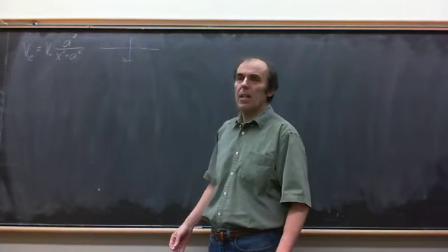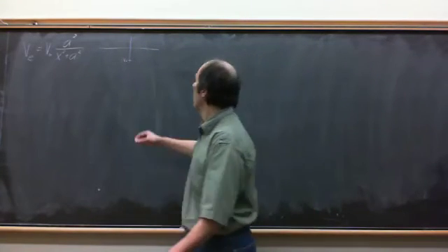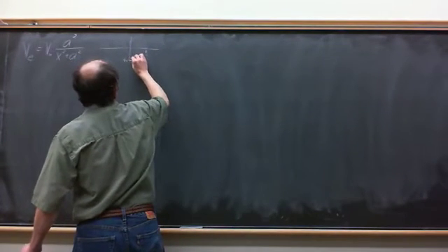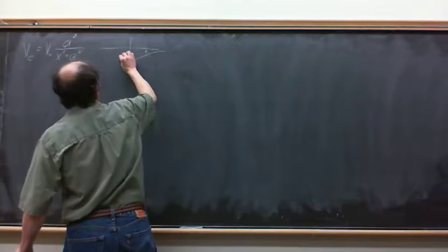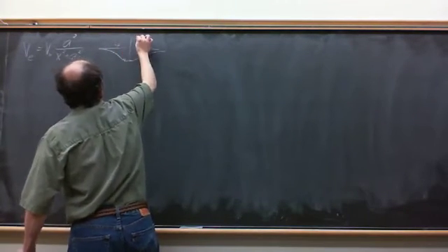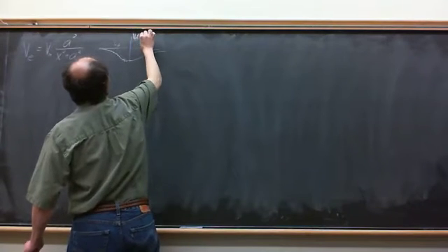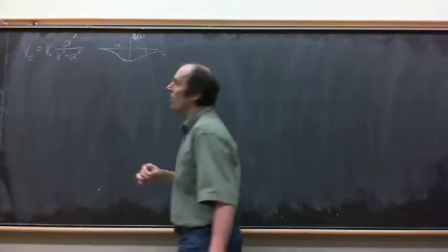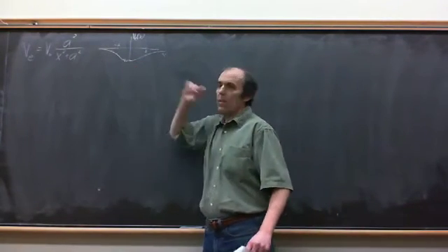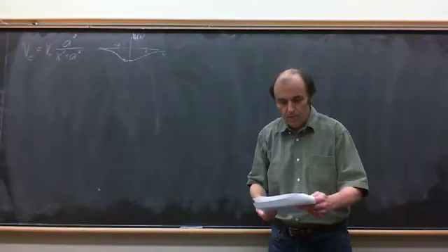You get A squared over 2A squared, so it's down to a half. So the function looks like this. It's an even function. And this is VE of X versus X. So there you have it. It's largest right here at the center and falls off.